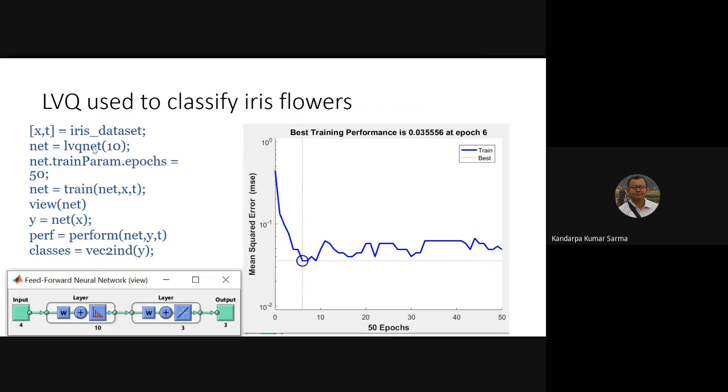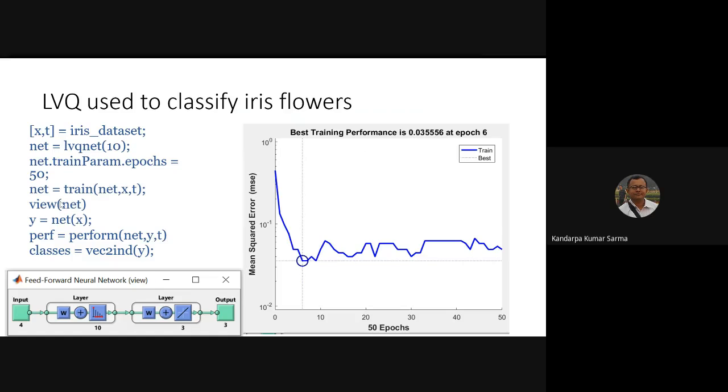Then we have to specify the parameters for doing the training. We will be doing a training for 50 sessions. Then we use the train function to take the net variable, and with it we use the pattern and the target. So x will be the pattern and t will be the target.